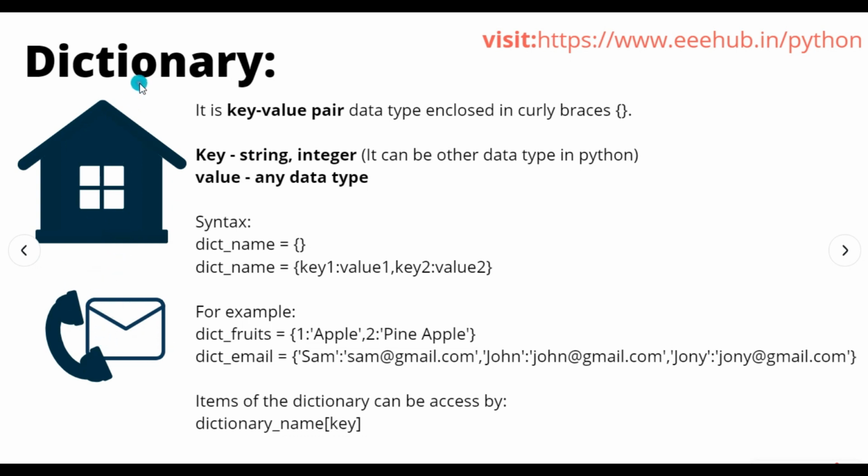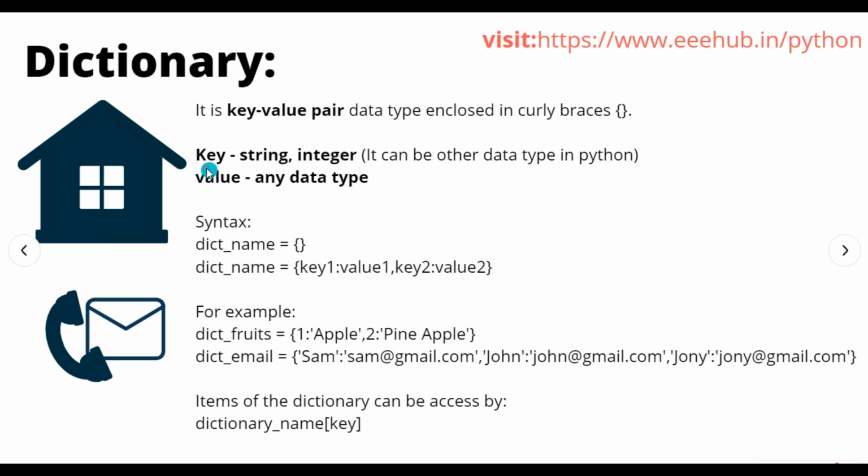Similarly, in Python, we have the dictionary data type in which we have key and value pairs. Each key will be related to its value. So we can say that a dictionary is a key-value pair data type enclosed inside curly braces. Each key and value pair will be separated by a comma, and these will be inside the curly braces.